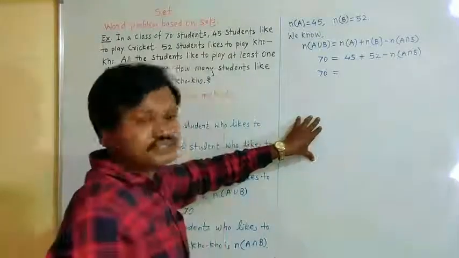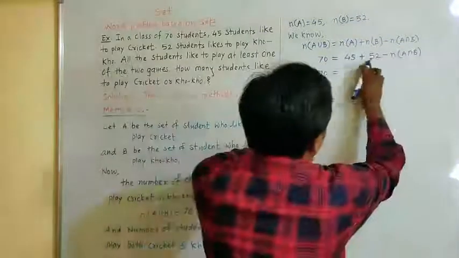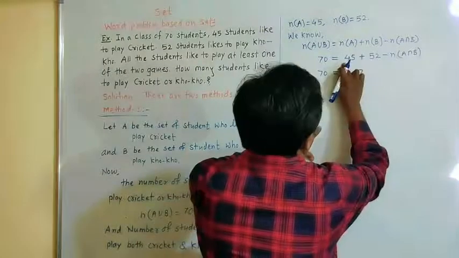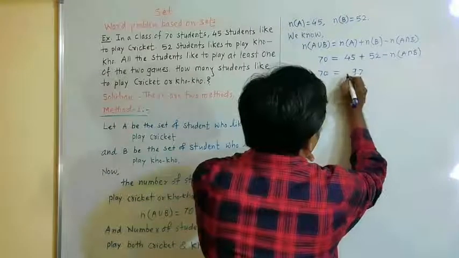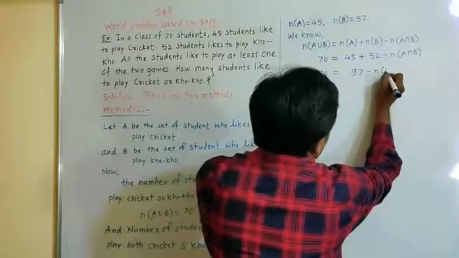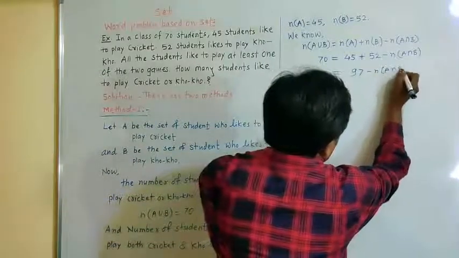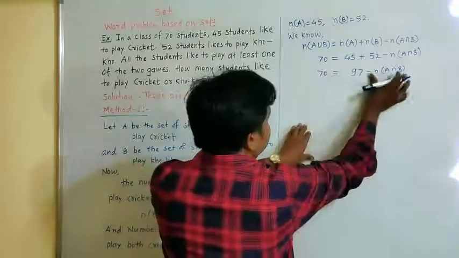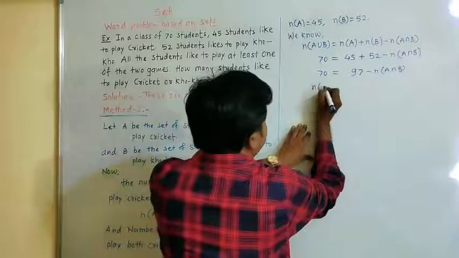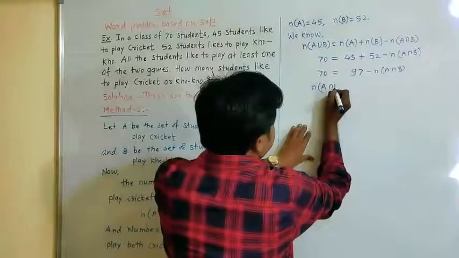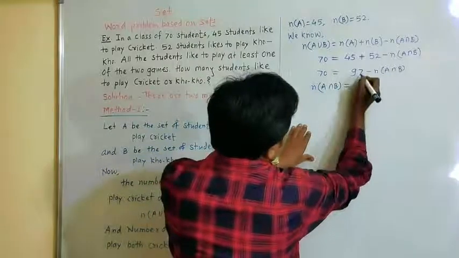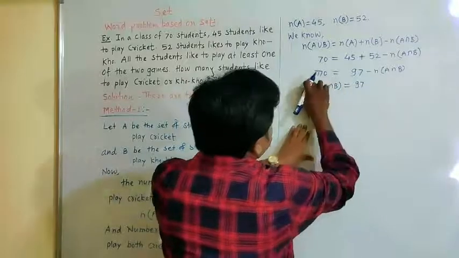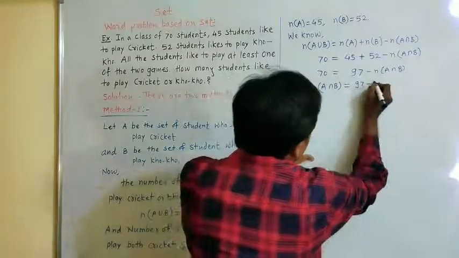So calculate this. 70 is equal to the sum of both. 52 plus 45 is 97, minus n of A intersection B. So I take this factor to this side, the minus becomes plus, so n of A intersection B is equal to 97, and this 70 becomes minus 70.